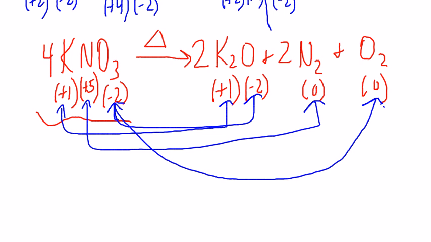And if we look at the nitrogen, with +5 going to 0, clearly it's gained electrons. So the nitrogen has gained electrons, it's been reduced, and the oxygen, by losing electrons, has undergone oxidation.